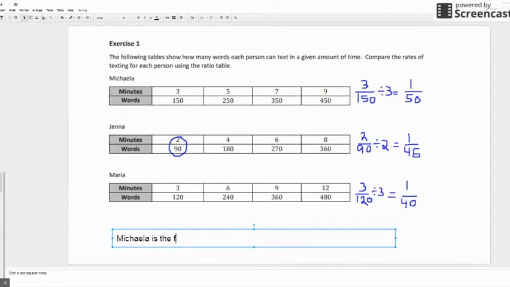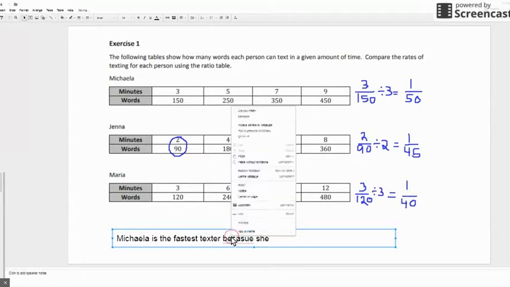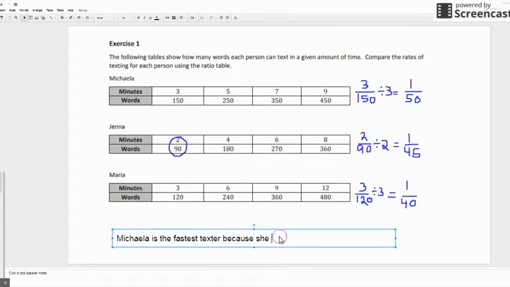Michaela is the fastest texter because she can text 50 words in 1 minute. All right, so that's the first. She is the fastest because she can go at 50 words in 1 minute.